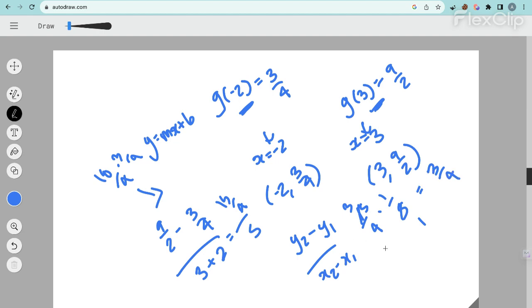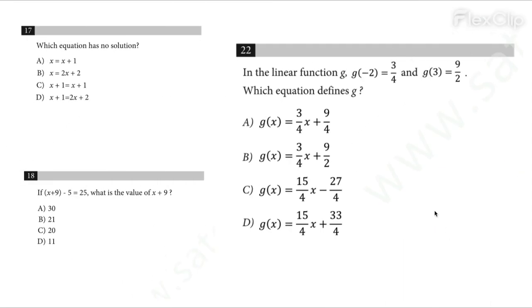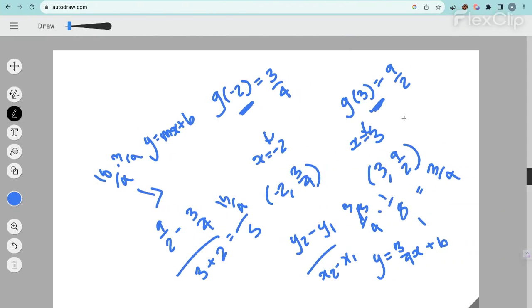And that's your slope. Now you need to find the y-intercept. Well, you know what the slope is now, and you also have 2 points that you can use. So to find the y-intercept, just use either this one or this one, plug it into this equation, and solve for b.